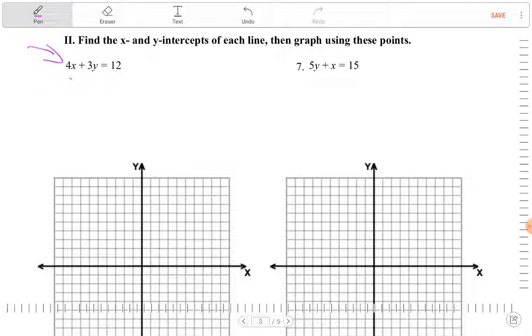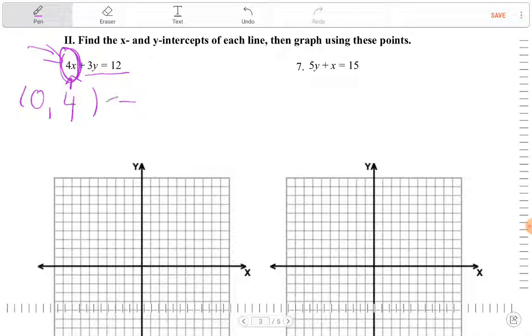So if I would plug in a 0 for x, what happens to this whole term if I make my x coordinate 0? This whole term becomes 0, only leaves me with 3y equals 12. To solve for y, we're just going to divide by 3, which means my y coordinate is 4.